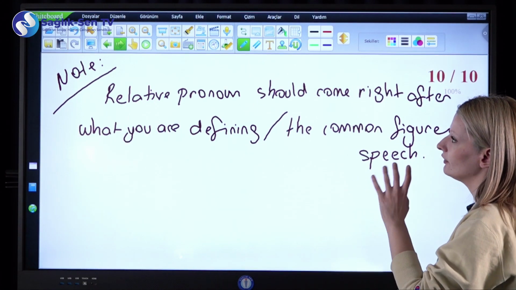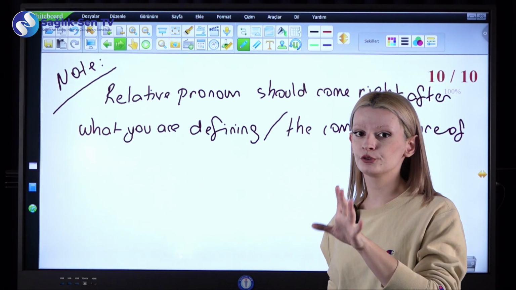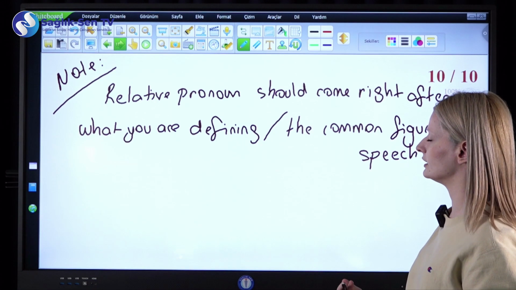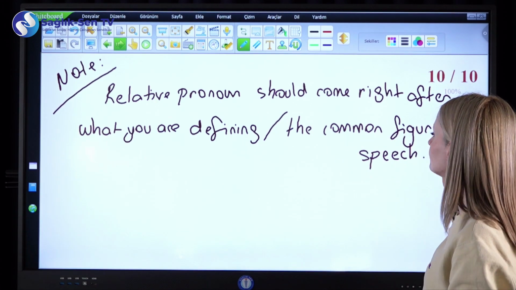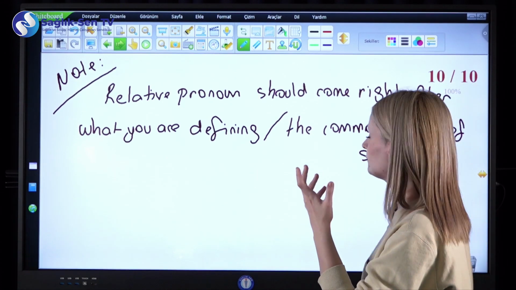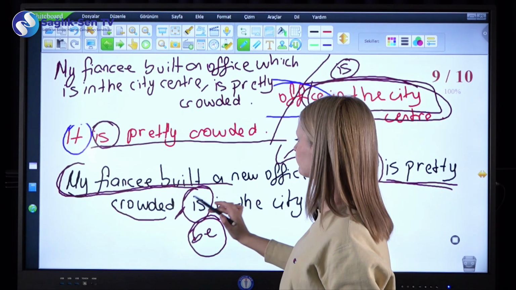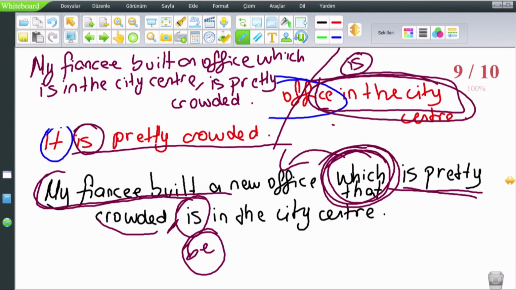And that is very important, because otherwise the meaning would be something completely different. Relative pronouns should come right after what you're defining or the common figure of speech, as we have studied in our examples. As you can see here, which or that came right after the thing that we're defining.